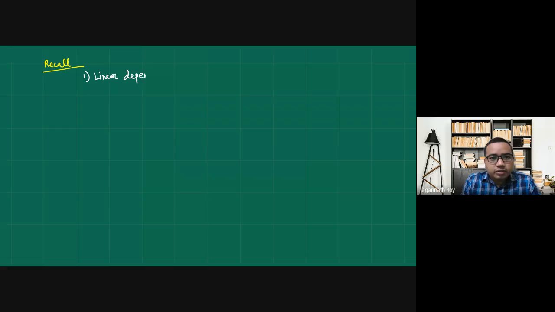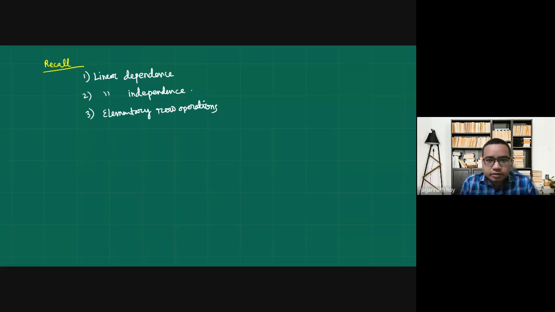Linear dependence. Elementary row operations, then row echelon matrix.